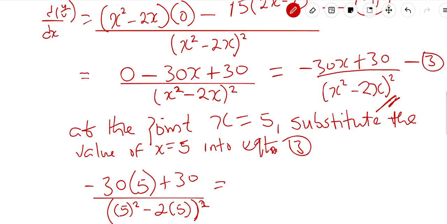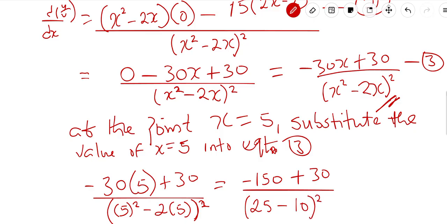So 30 multiplied by minus 30 multiplied by 5 is going to give us minus 150 plus 30 divided by 5 to the power of 2. That's 5 times 5, giving us 25, minus 2 times 5 is 10, all to the power of 2.